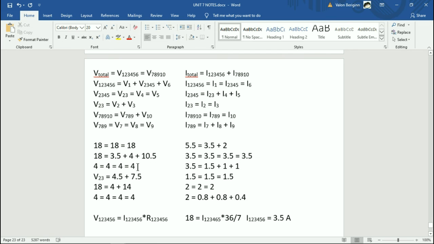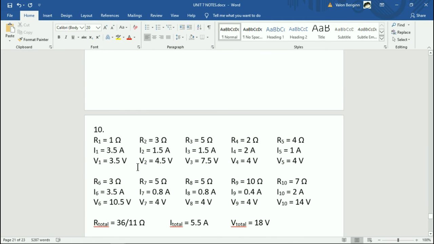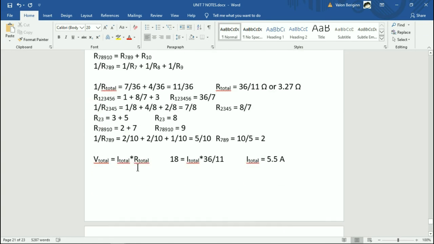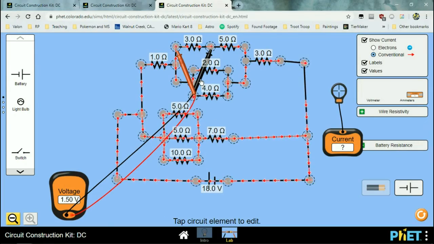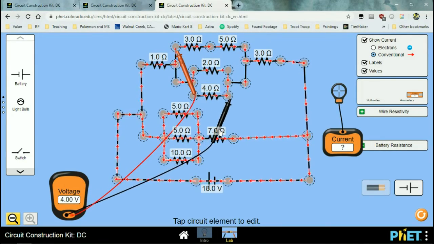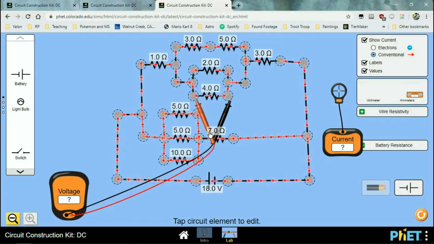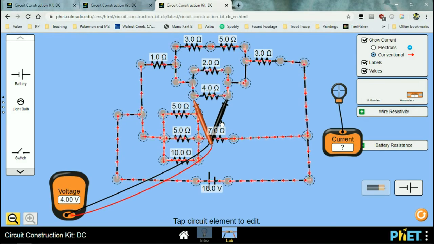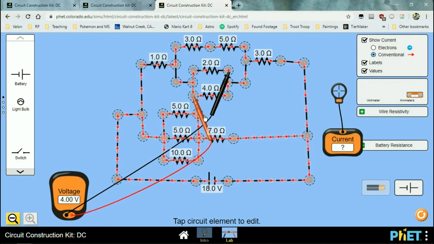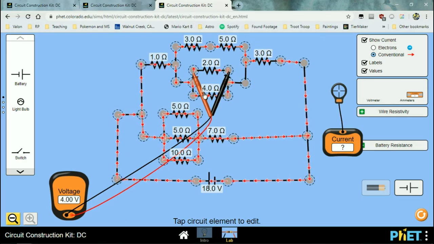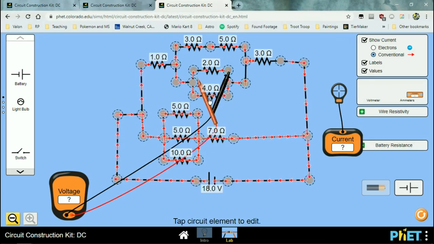V5 means V5 should be 8. Right? Wait. Four. Oh wait, no, this one should be, yeah, both 4.